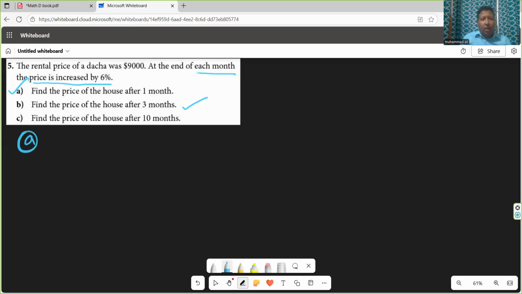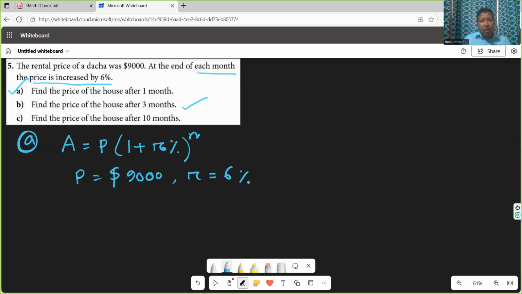So the formula is amount equals P(1 + R%) to the power N. Here the rate is increased per month, and N is the number of times. So for number A, P is here $9,000, R equals 6%, and N is 1 month.